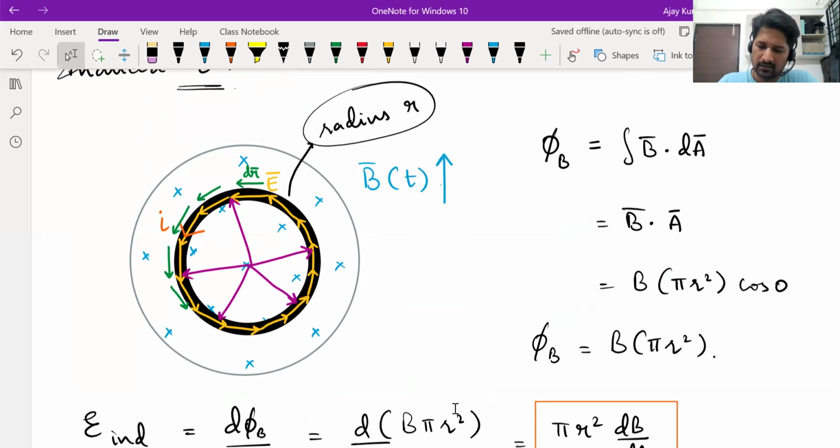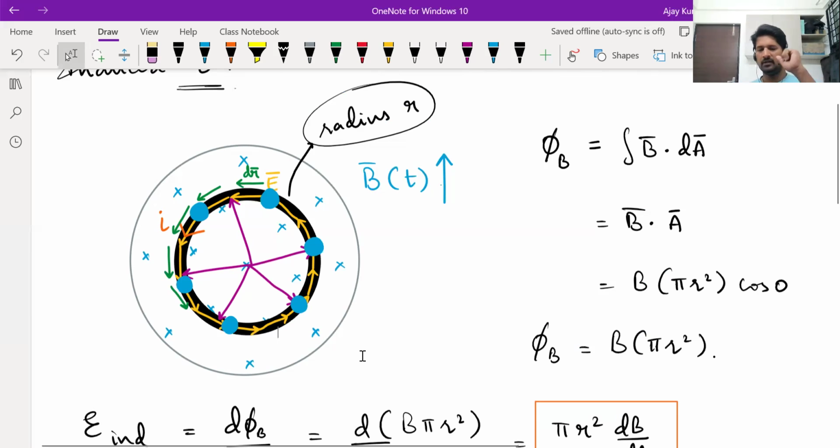Why that was done is because in this case, you can tell for sure that the induced electric field produced everywhere on this loop will be the same, at least in magnitude. Of course, the direction will be changing from point to point, but the magnitude of electric field produced at all these points is definitely going to be the same. So in order to take advantage of that and get some expression for induced electric field, we chose this kind of geometry.